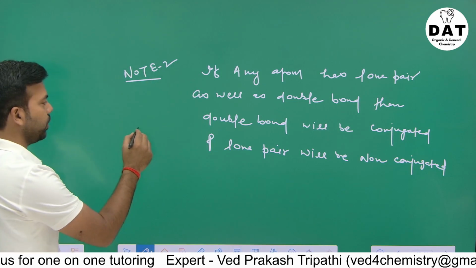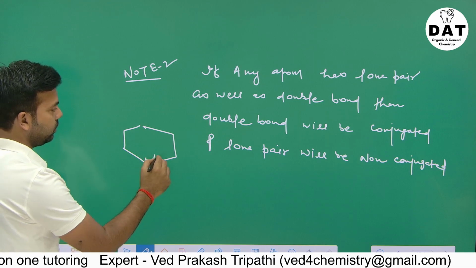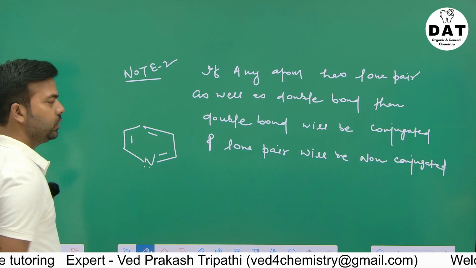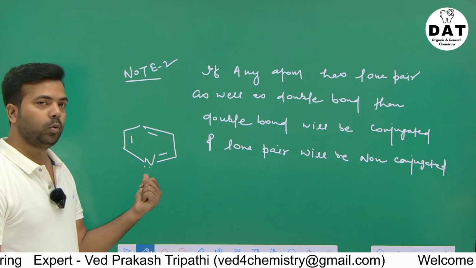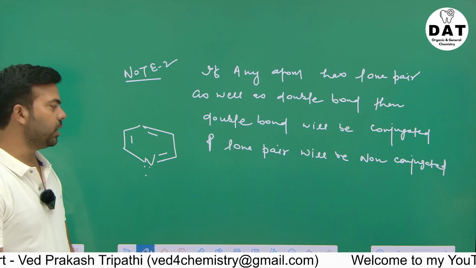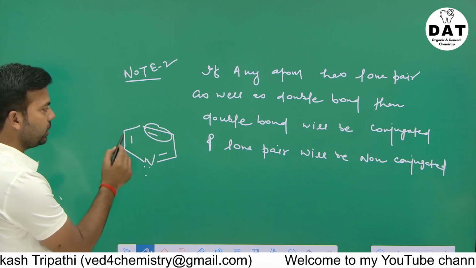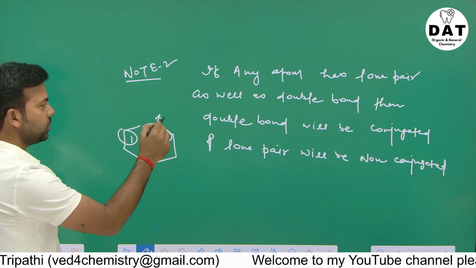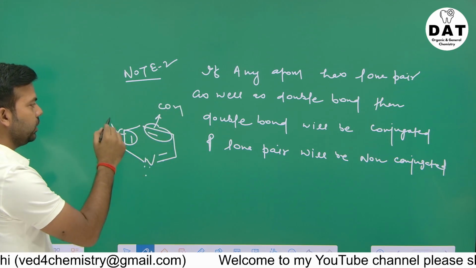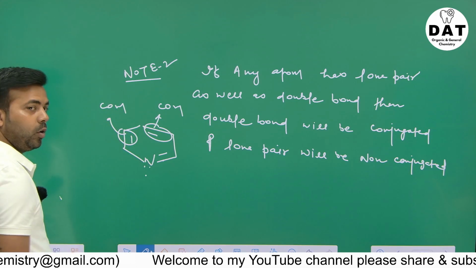Suppose we have this compound. As you can see, this nitrogen's lone pair, double bond, and double bond are all in alternate. So this double bond and this double bond are conjugated. Now look at nitrogen's lone pair and double bond.